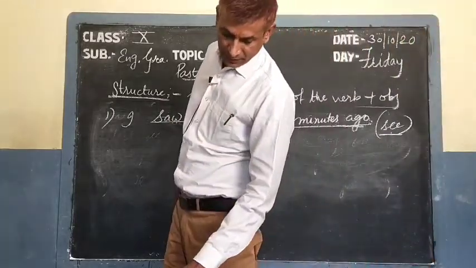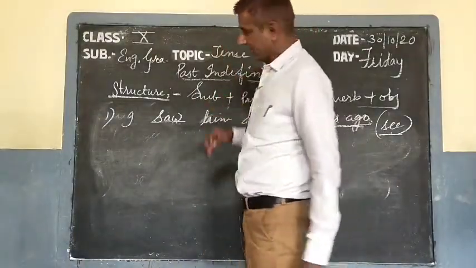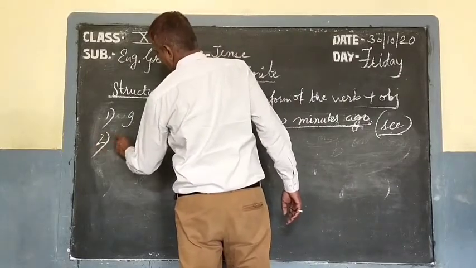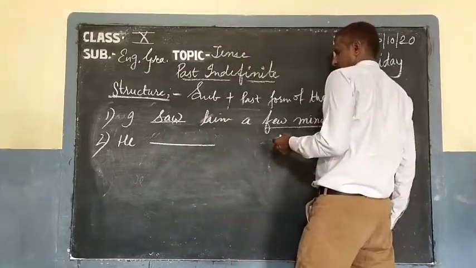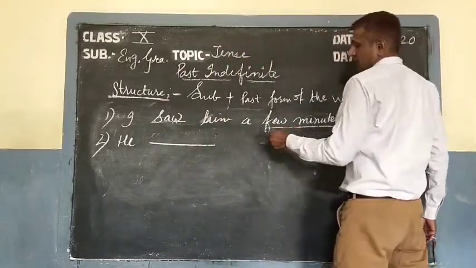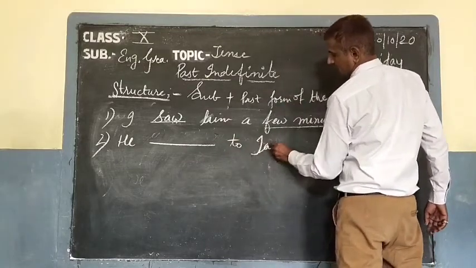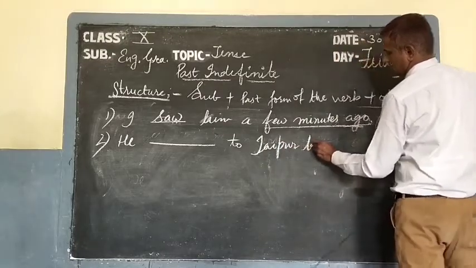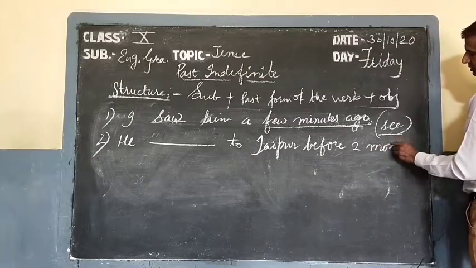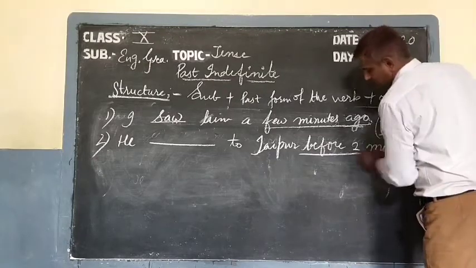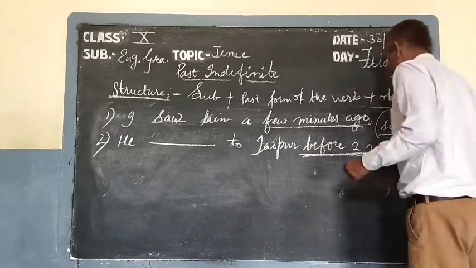See one more example. Second example: he blank to Jaipur before 2 months. Before 2 months. This is also one example identification word, before and after.